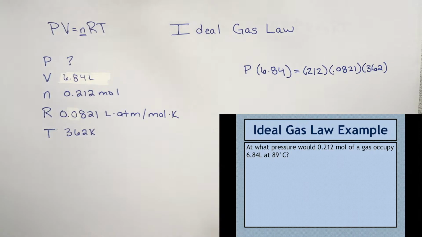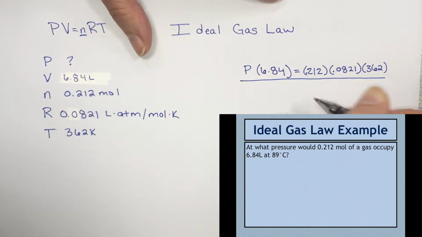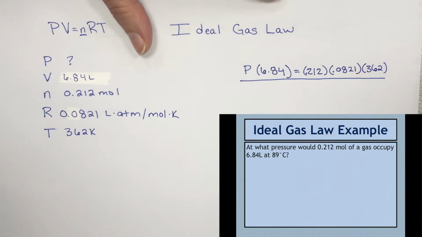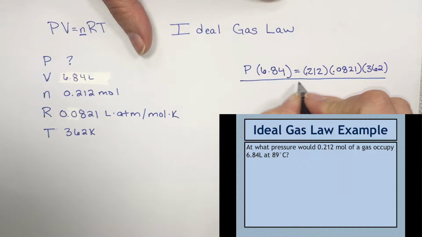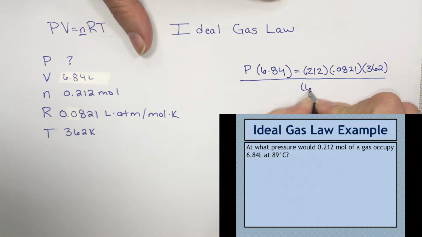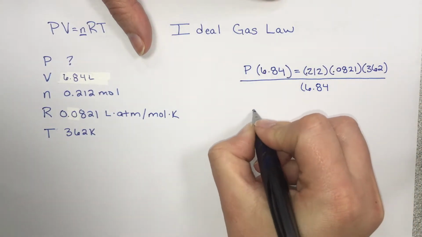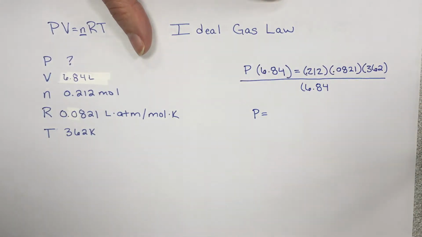Okay, I like to multiply all three of these together and then start manipulating the equation, but this one's quite easy. All you're going to do, to get P by itself, is divide by 6.84, and you will have your answer.